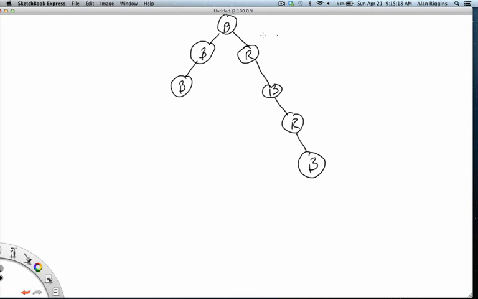Okay, so here, from the path from root to leaf, we have 3 nodes, 3 blacks. And on this side, from root to leaf, we have 3 blacks. Therefore, this tree is valid.